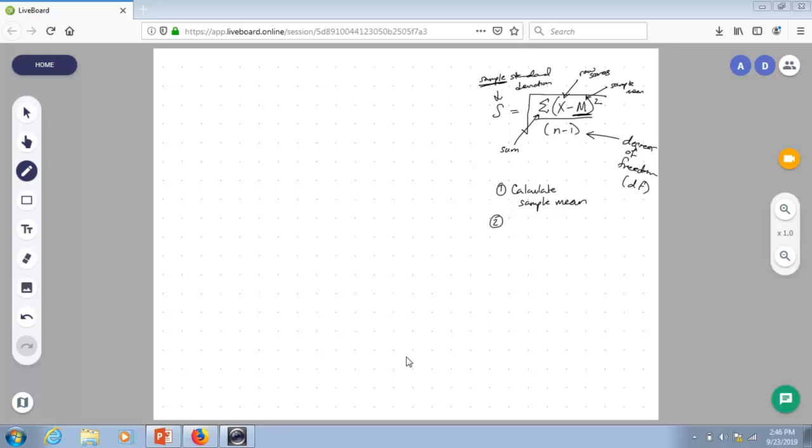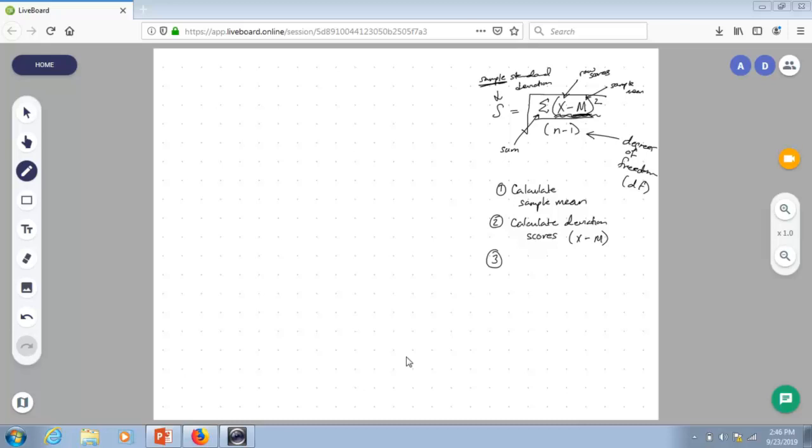Second thing that you need to do is calculate deviation scores. A deviation score is the distance that a raw score is from the mean. So that would be this part of the formula. That's everything in parentheses.